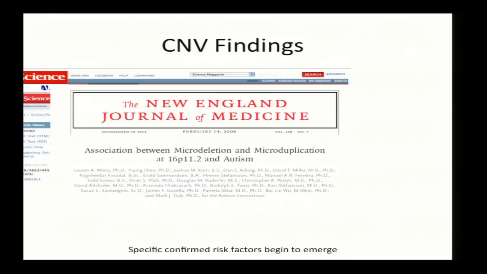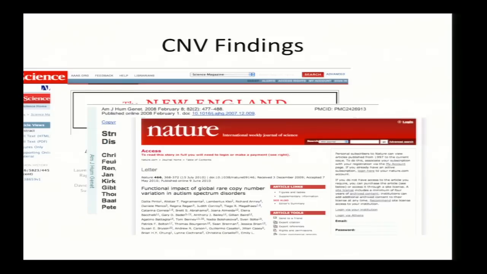Really the first discovery using these SNP arrays that we had redesigned for analysis in GWAS was by Lauren Weiss and colleagues, that there's a recurring microdeletion, microduplication syndrome at 16p11.2, and that 1 or 2% of autism patients had deletions or duplications of about a half megabase in size at this locus.